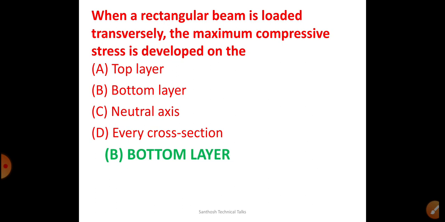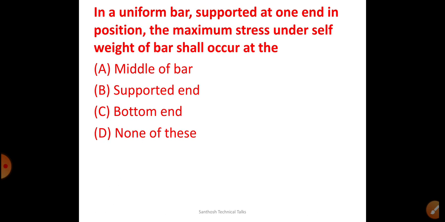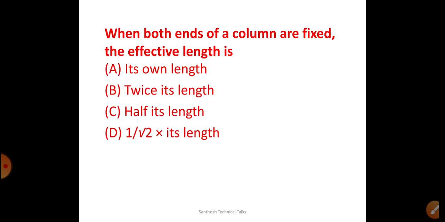In a uniform bar supported at one end, the maximum stress under self weight of the bar shall occur at the supported end. So if it is self weight, or we add a weight, the maximum stress acts at the fixed support end.